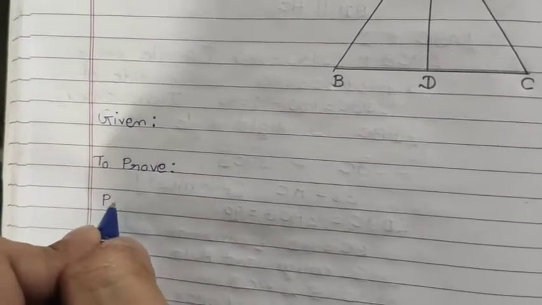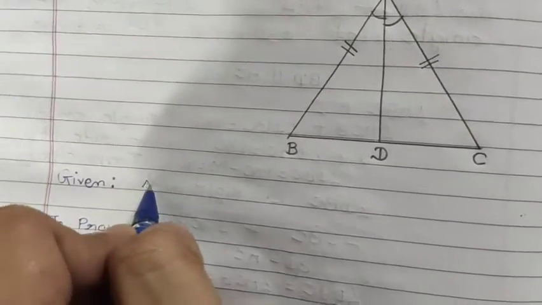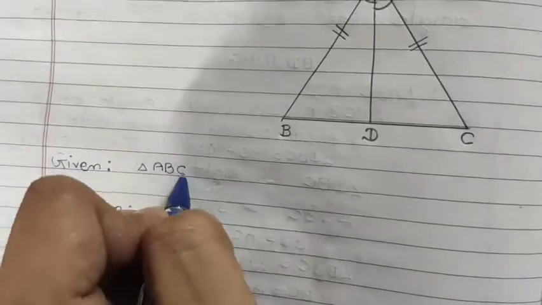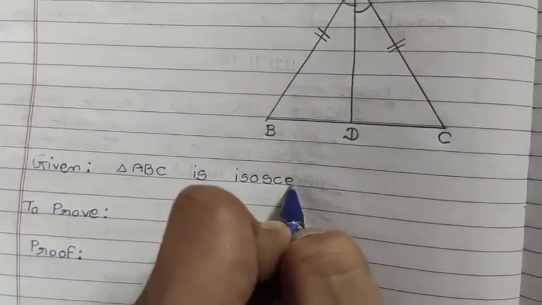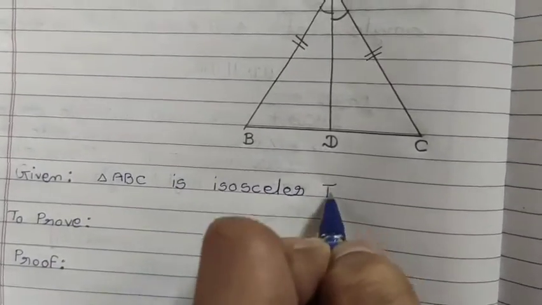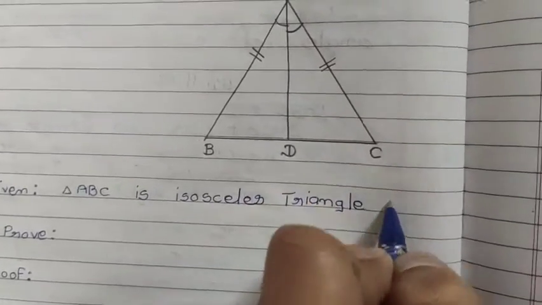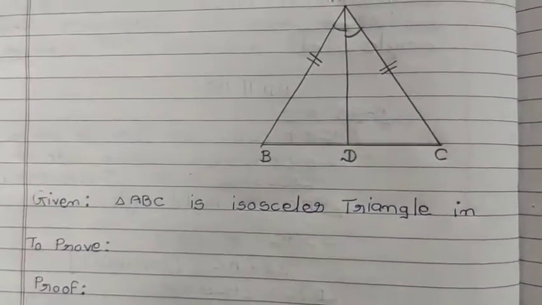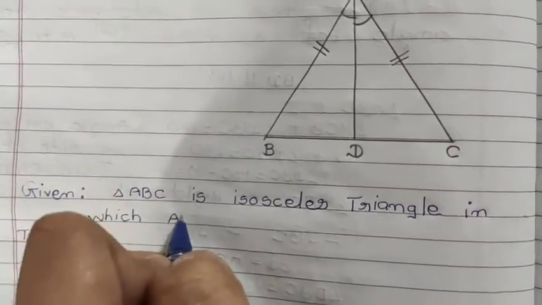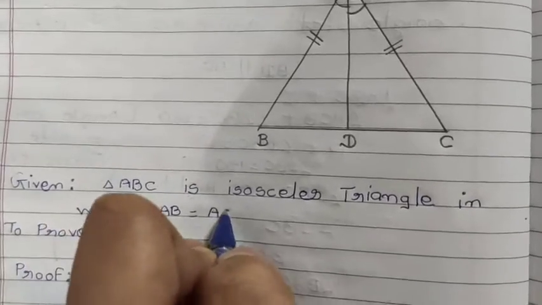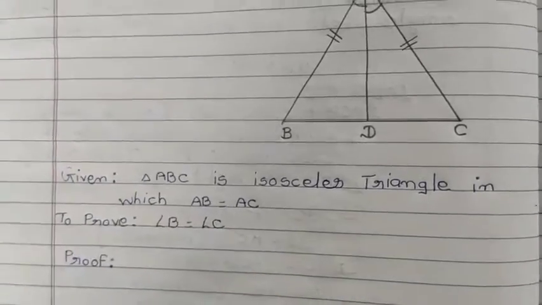Given: triangle ABC is an isosceles triangle in which AB is equal to AC. To prove: angle B is equal to angle C.